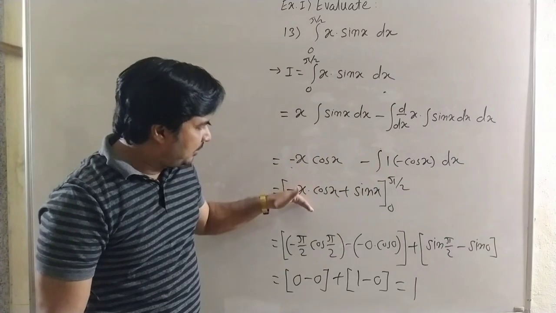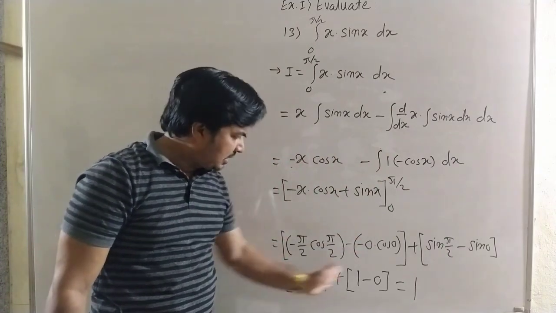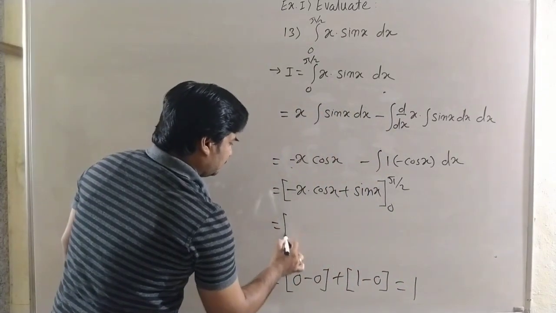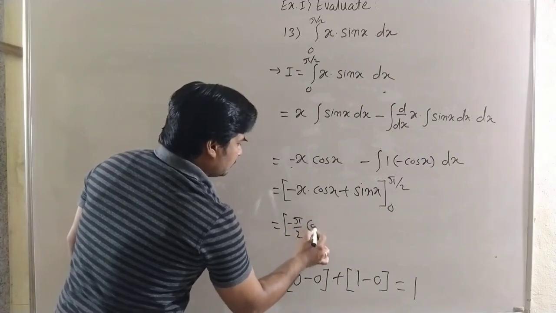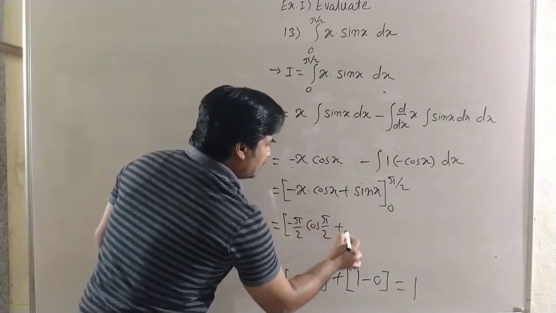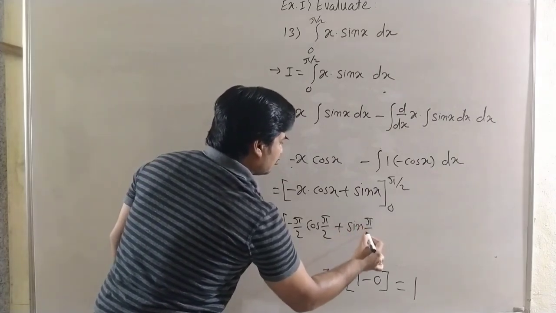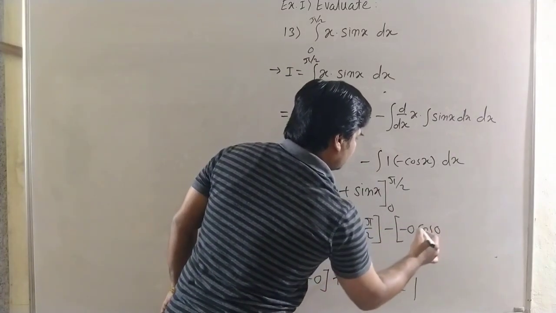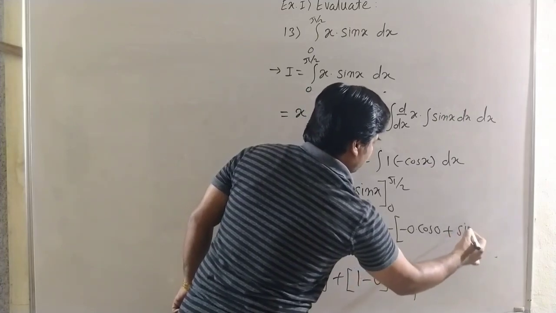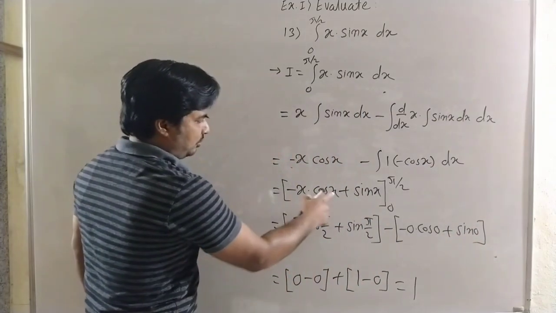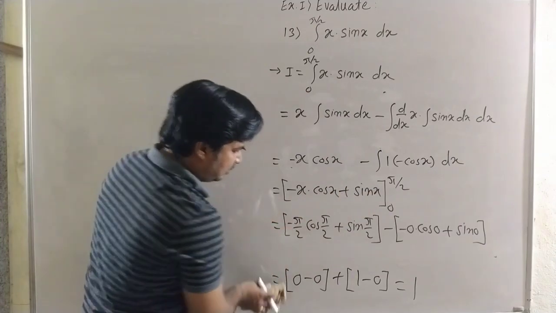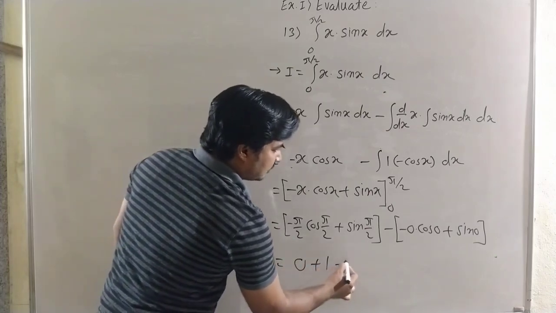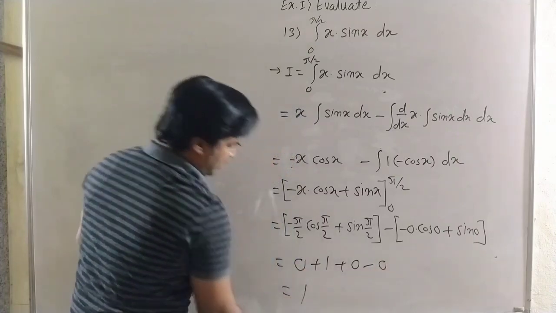Now put the upper limit once and then minus the lower limit once; the answer will again be the same. Okay, now first we put the upper limit, that is minus π/2 into cos π/2 plus sin π/2. Okay, this is your upper limit. Minus lower limit, minus 0 into cos 0 plus sin 0, 0 0 0, and then this term will be 0. Okay, plus 1, then plus 0 minus 0, and then the last answer is 1.